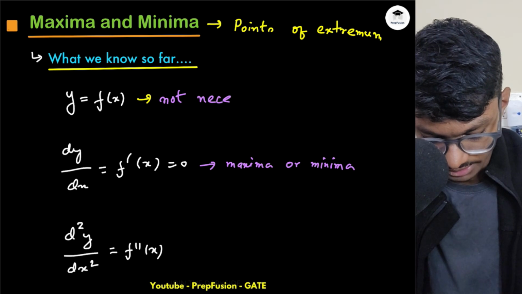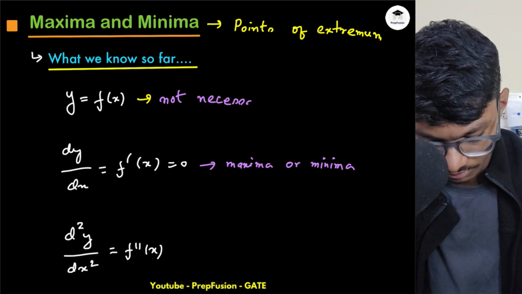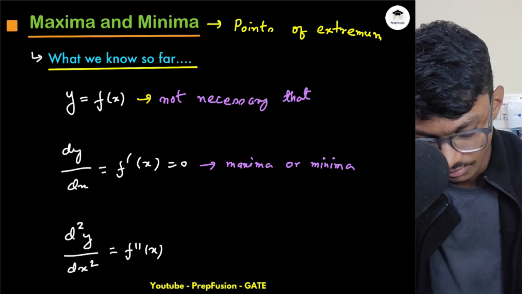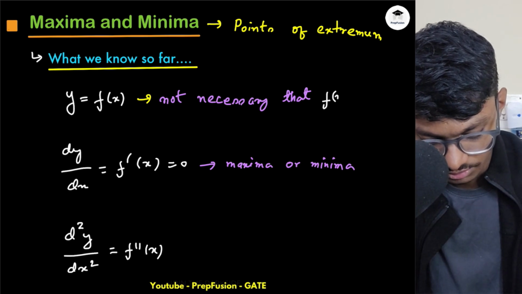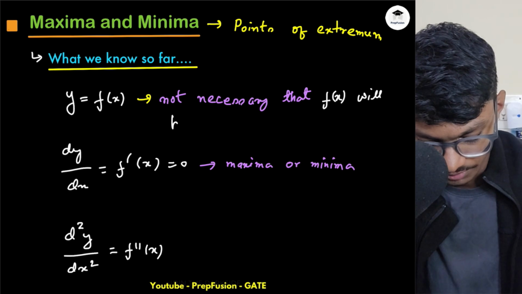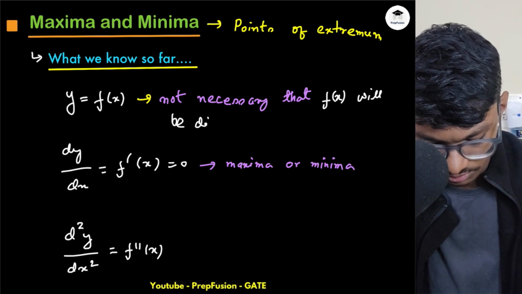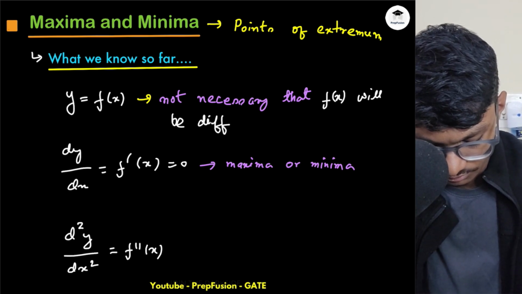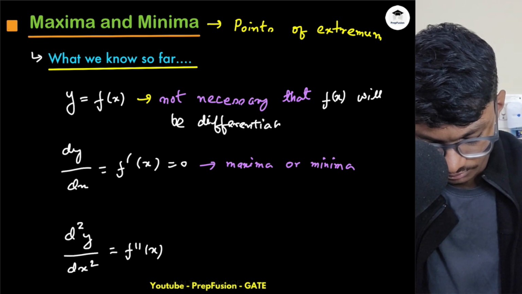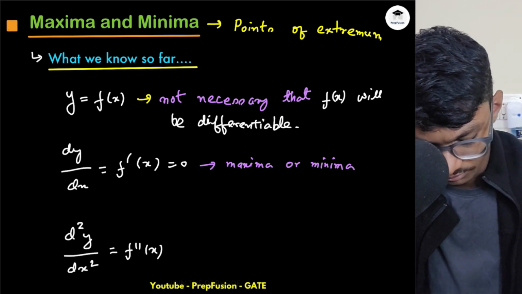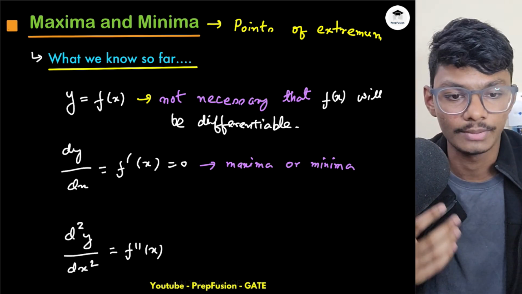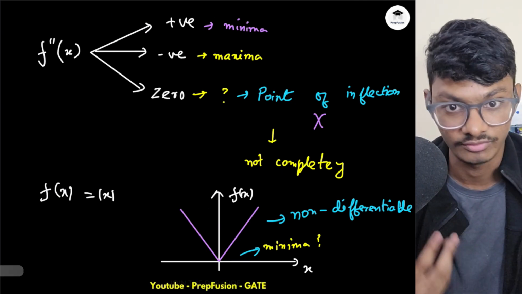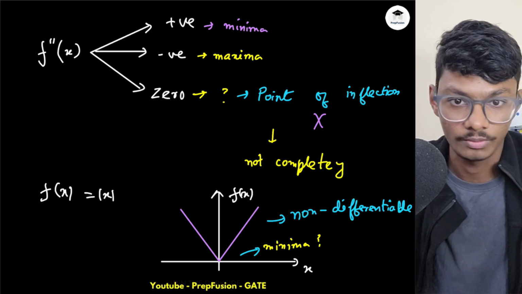Not necessary that f of x will be differentiable, but still minima and maxima can exist. Also, it may so happen it doesn't have to be continuous. Then also minima and maxima can exist. I'm talking about local minima and local maxima.